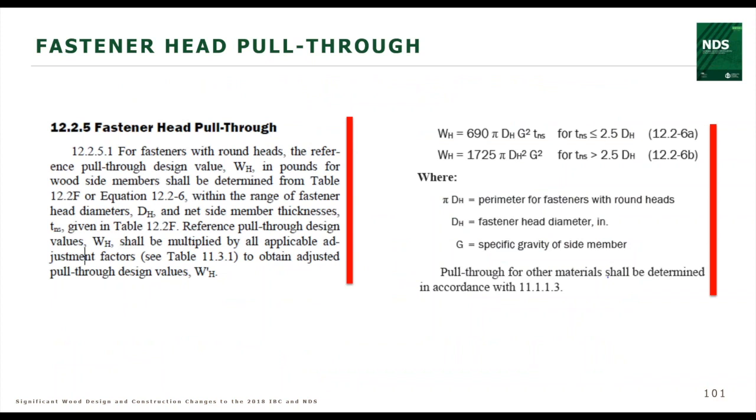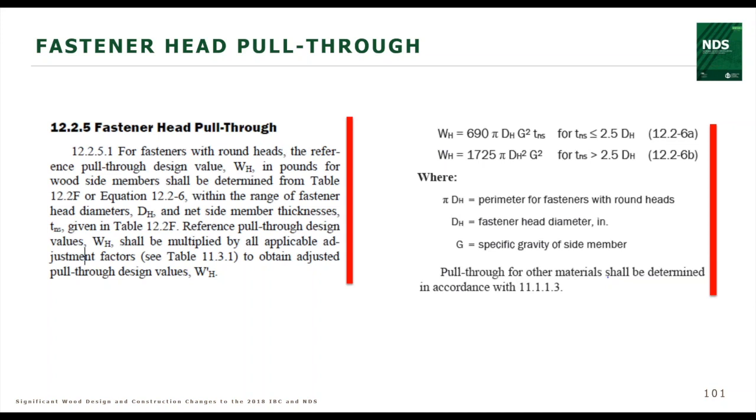Fastener head pull-through, I mentioned, is a new limit state that we now need to check for, and this has been based on industry recommendations for wood structural panels. There was a great deal of historical data that was pulled from tests of lumber and plywood and OSB, and through a lot of painstaking analysis, they developed these new fastener head pull-through provisions.